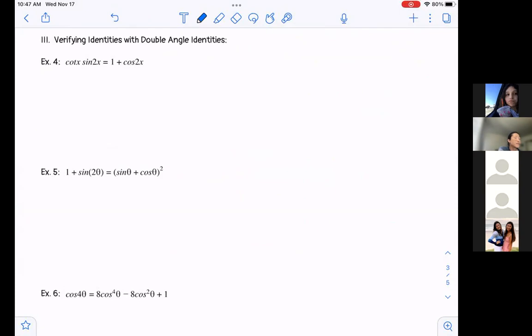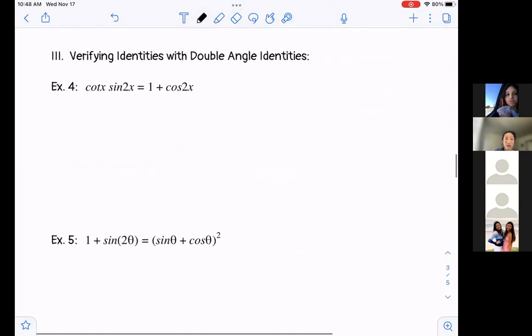The way that I'm modeling the writing is something that I hope we really start to do consistently. When we are writing these verifications, it is important that we know why we're making the choices we're making, like what identities help us do that.